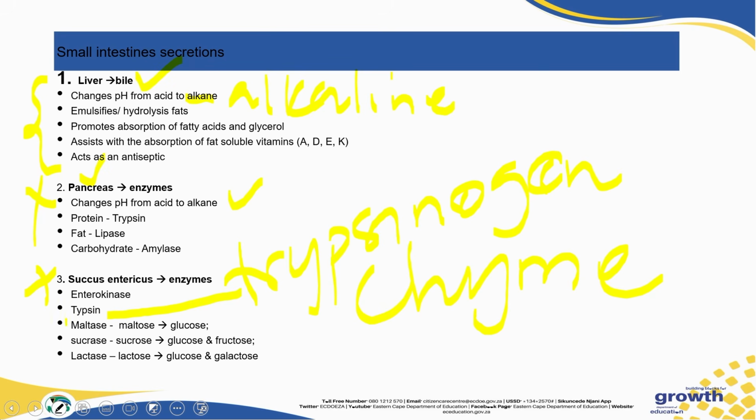And then a range of carbohydrate enzymes, that is, the maltase, the sucrase, the lactase, digest carbohydrates into their simplest form. We have sucrase enzyme that digests sucrose into glucose and fructose.